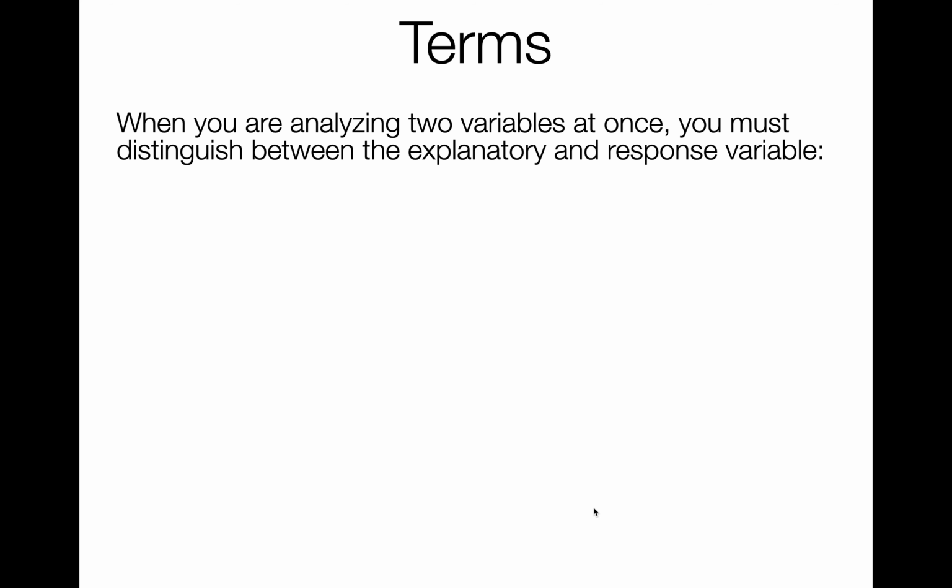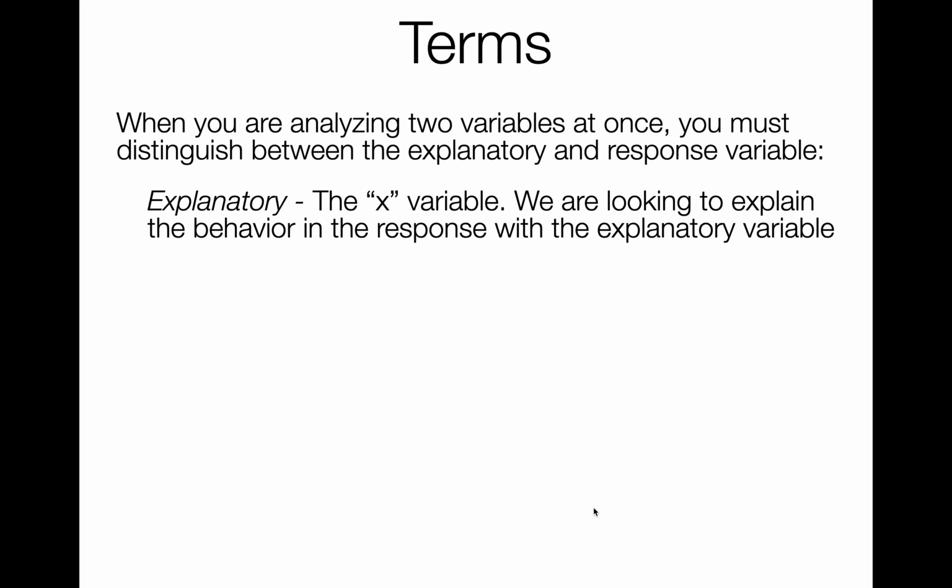When we look at two variables at once, there's going to be one variable that I'm going to call the explanatory variable, and the other is the response variable. The explanatory variable is what I'm often going to call the x variable.